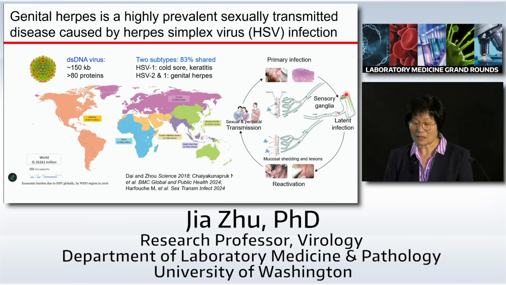But under conditions like stress, sunburn, and neurological injury, HSV can reactivate from this latent state and be transported back to the periphery, where viral shedding can occur in the form of ulcerative lesions or completely asymptomatic. Both forms of reactivation can lead to viral transmission to sexual partners and also vertically from mother to infant.